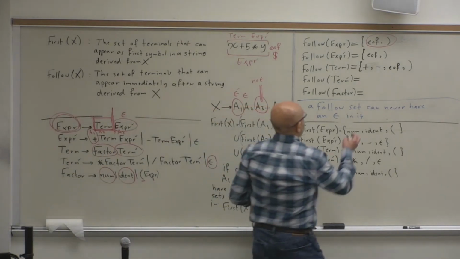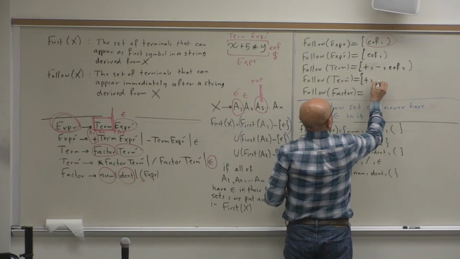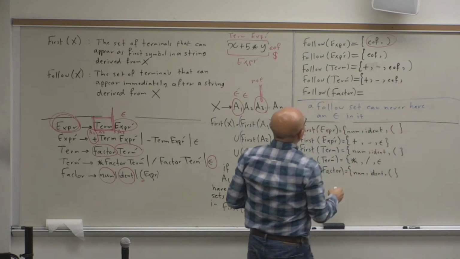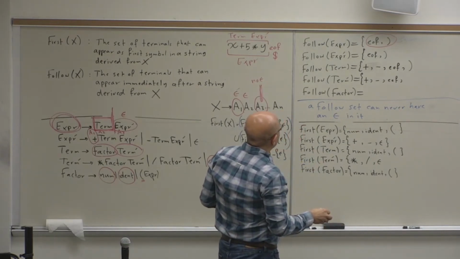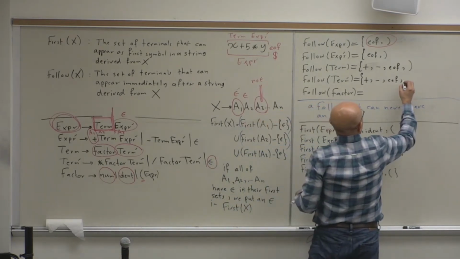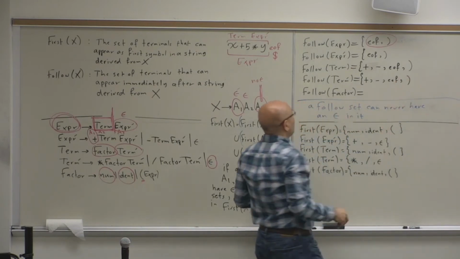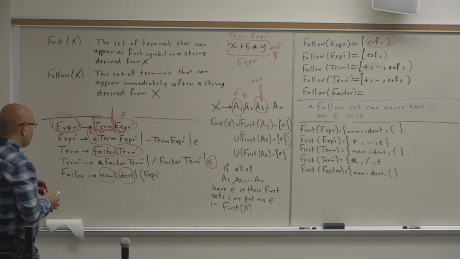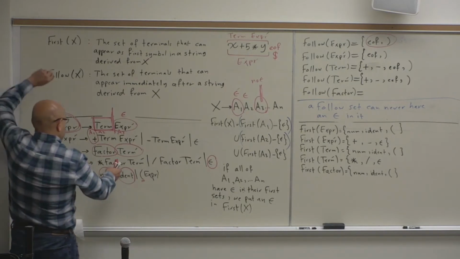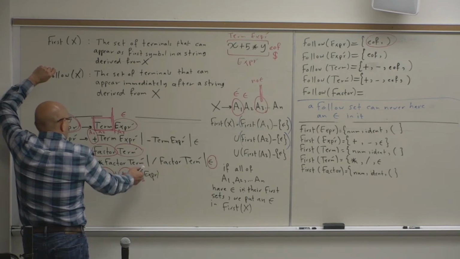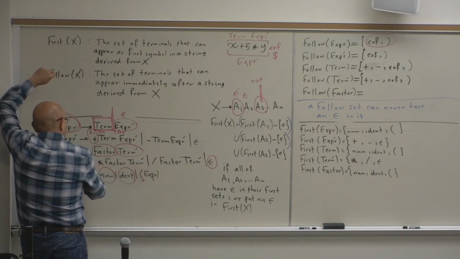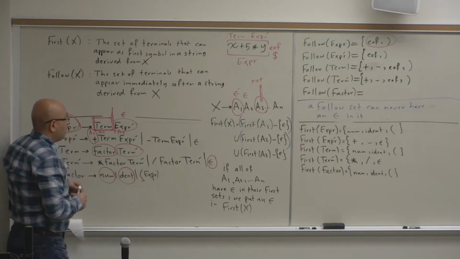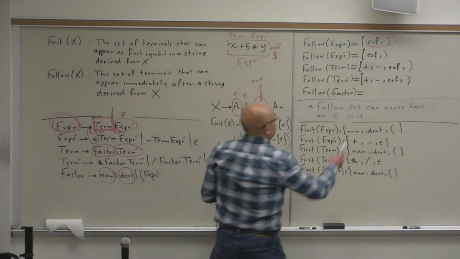So everything here gets copied into the follow set of term prime. This is going to be useless. It's going to tell me to put in the follow set of term prime whatever I have in the follow set of term prime. Okay, so this is not going to add anything.